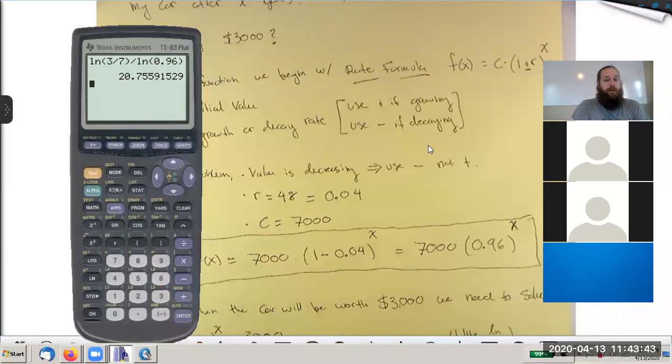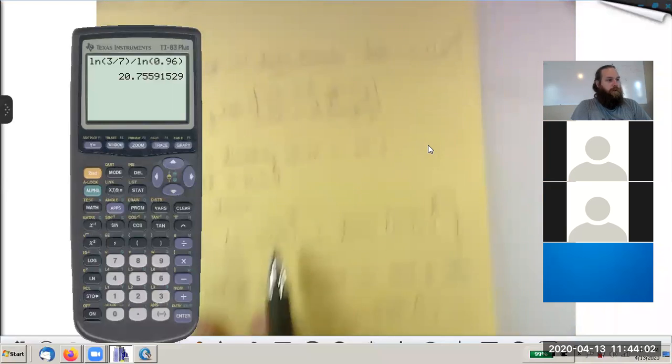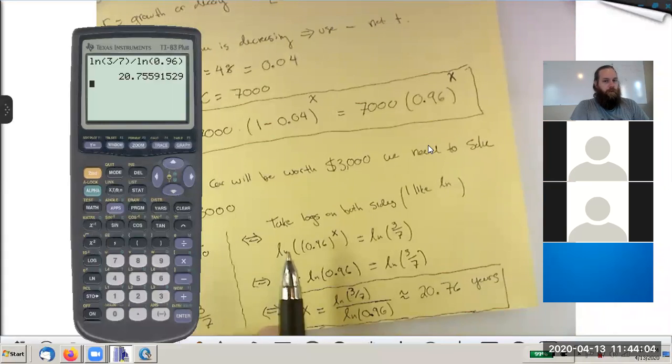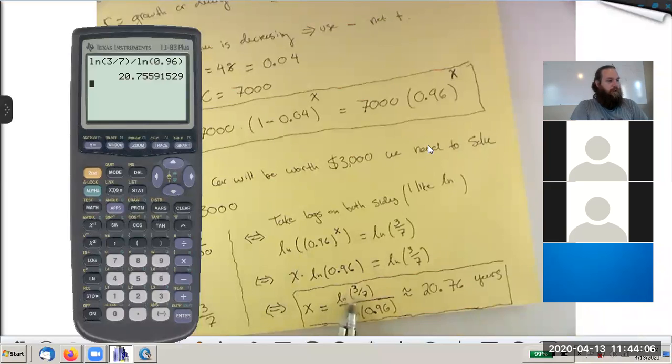It might feel a little bit different because we're not used to having so many exponents. We're not used to having exponents as a variable. And definitely when it comes to things like these logarithms, there is no L in PEMDAS. We're not quite used to seeing logs, but all the same rules still apply. And when you come to doing your calculations, it's the same sort of thing. So down here, when I went to calculate this number, the ln of 3/7 over the ln of 0.96, I first had to tell it to calculate the ln of 3/7.